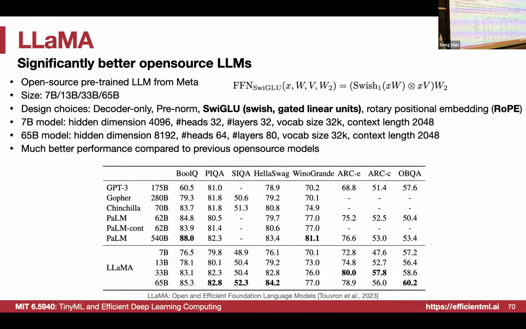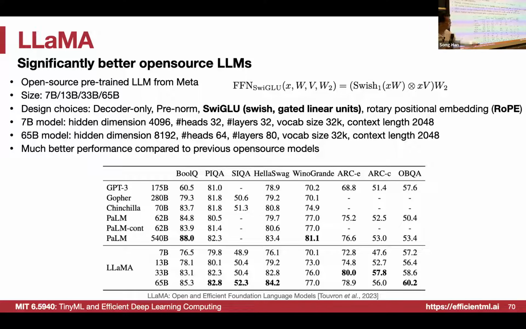Llama appeared this year, which is making a lot of contribution to the open source community. It begins to use this SwiGLU, a Swish activation function, gated linear units rather than 2 FFN layers, 3 matrix multiplications. There is a Swish activation function together with an element-wise dot product, using the rotary positional embedding, the RoPE positional embedding, which is covered in the lecture.